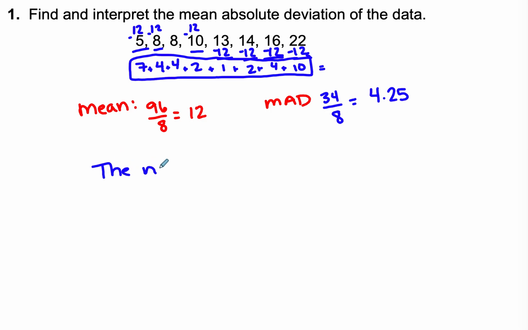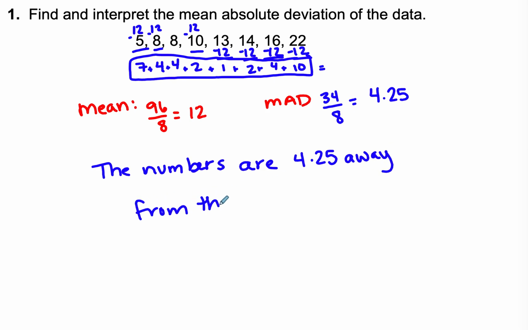So I'm going to write the numbers. 4.25 is how far away from the mean of 12, on average.